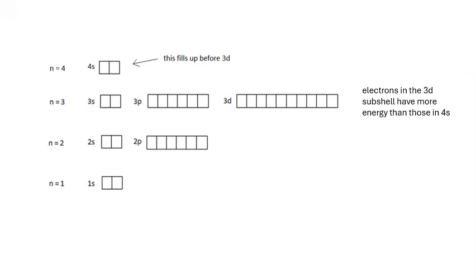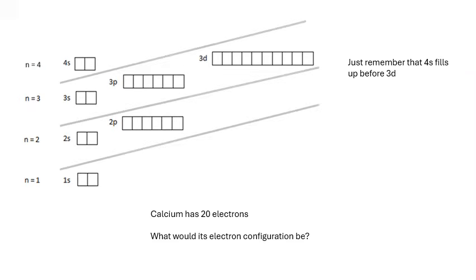So the 4s fills up first. Maybe we should draw the diagram a little bit like this. If I did the height of the boxes representing the energy, then you can see that the 3d actually has a little bit more energy than the 4s, and that's why the 4s fills up before the 3d.